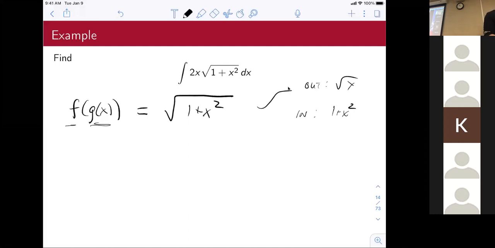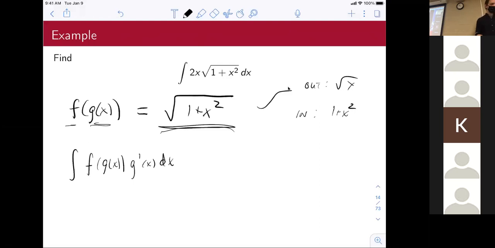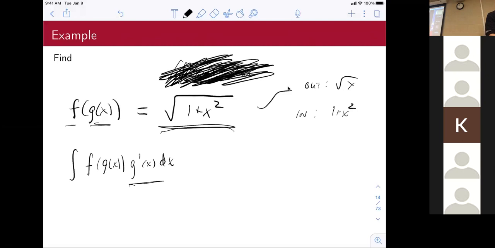If I'm looking to integrate something that looks like f of g of x times g prime of x dx, and if f of g of x is this, then what would g prime be? 2x. We cover up the integral for a second.